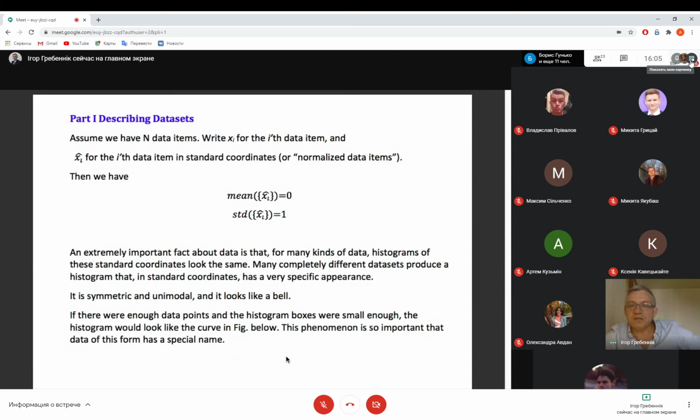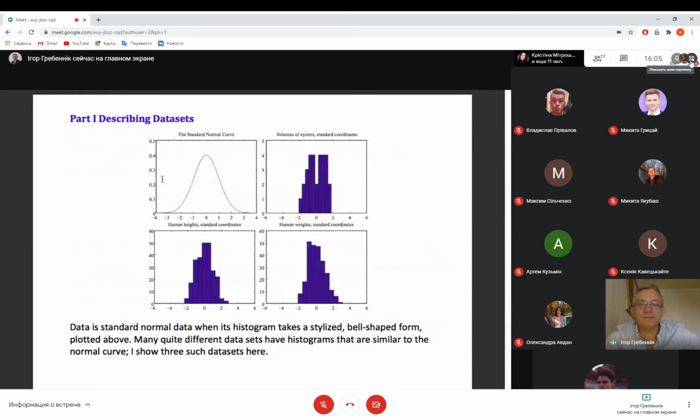This phenomenon is so important that data of this form has a special name. This is a curve for a histogram with a very large number of bars. Data is standard normal data when its histogram takes this stylized, bell-shaped form plotted above.